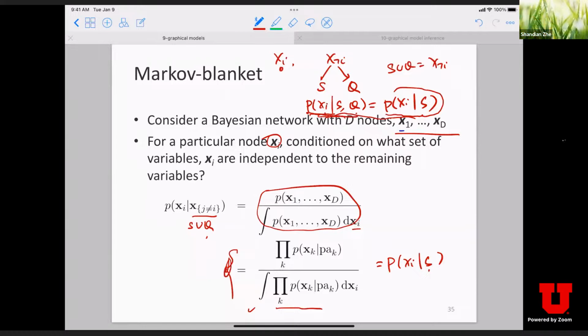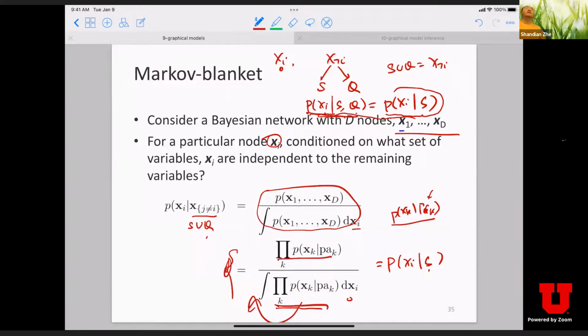These two products are exactly the same. The difference is that in the denominator, you only integrate out xi. So if you have some P of xk given pak, where both the target variable xk and the parent variables do not contain xi, then they can be moved out of this integration.